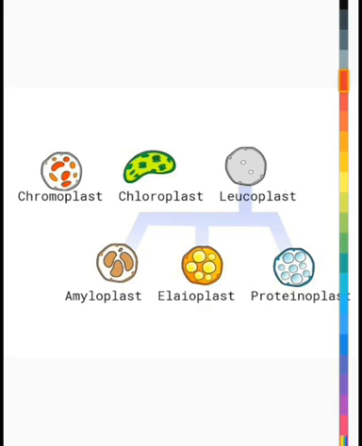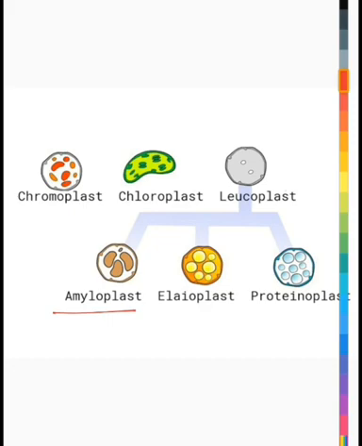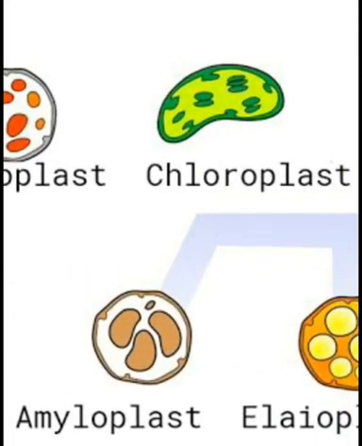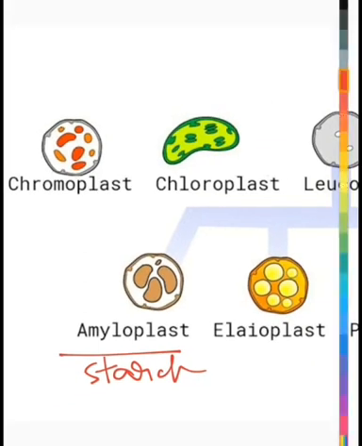Amyloplast is the first one. It is the type of leucoplast whose main function is to synthesize and store starch, or carbohydrate. Amyloplast synthesizes and stores starch in the endosperm, tubers and cotyledons of the plant.